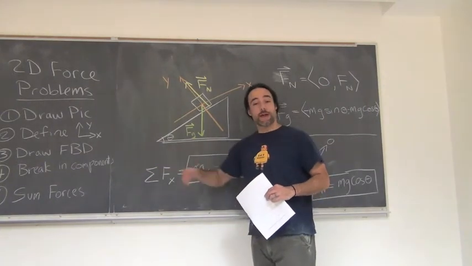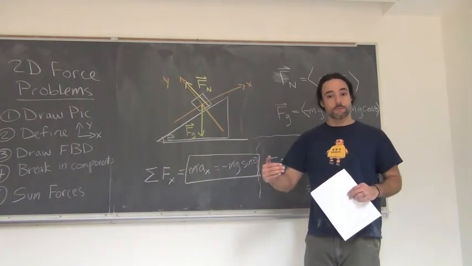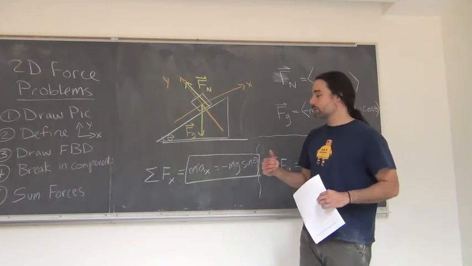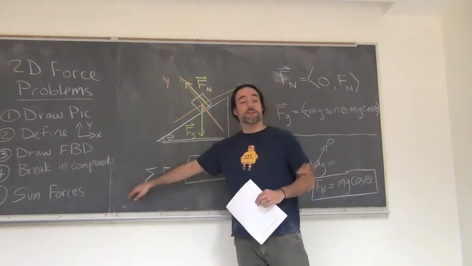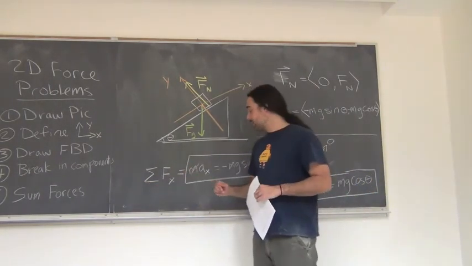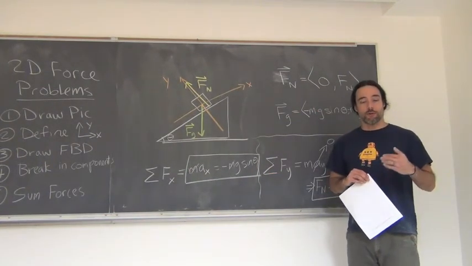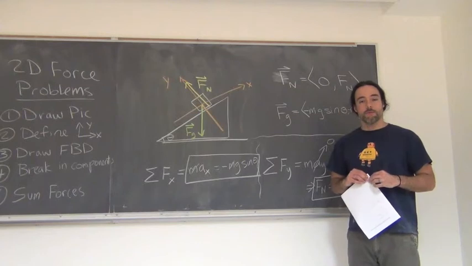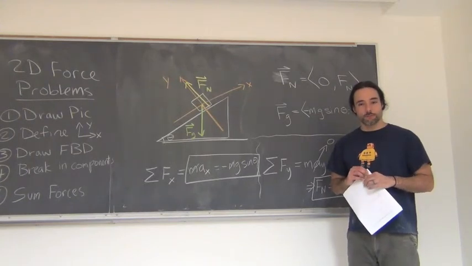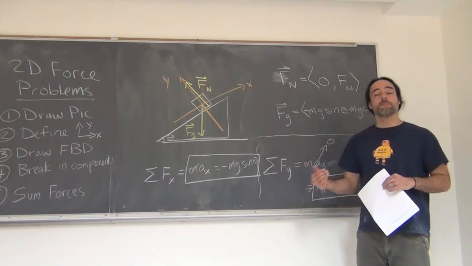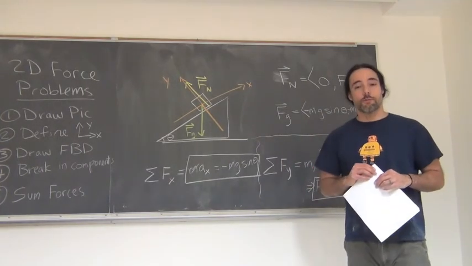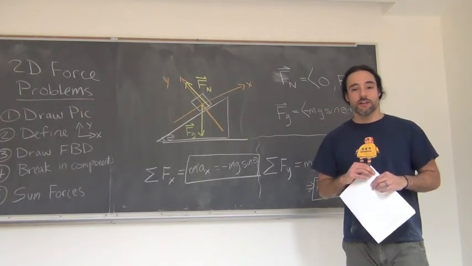But it's really just a matter of thinking about SOHCAHTOA and doing trigonometry on your vectors. And then finally, summing the forces. Once we get to this part of the problem, this is just the same one-dimensional force problems that we've been working with since the last semester. So if you follow these steps, you should be able to solve just about any force problem that we're going to see in the course.